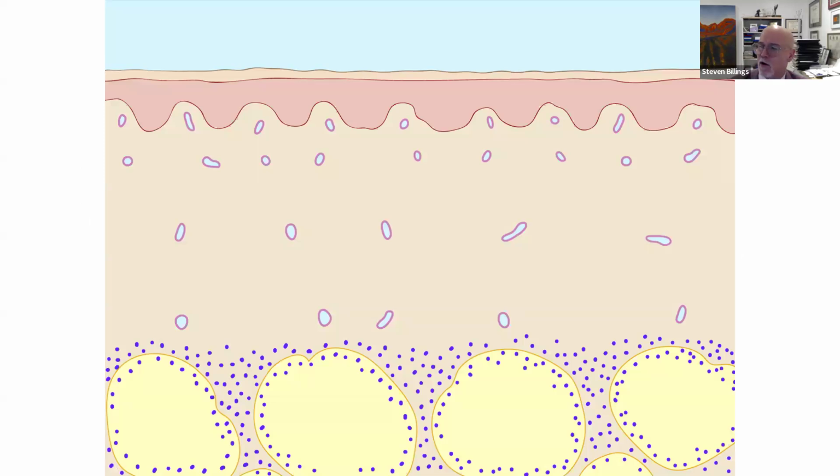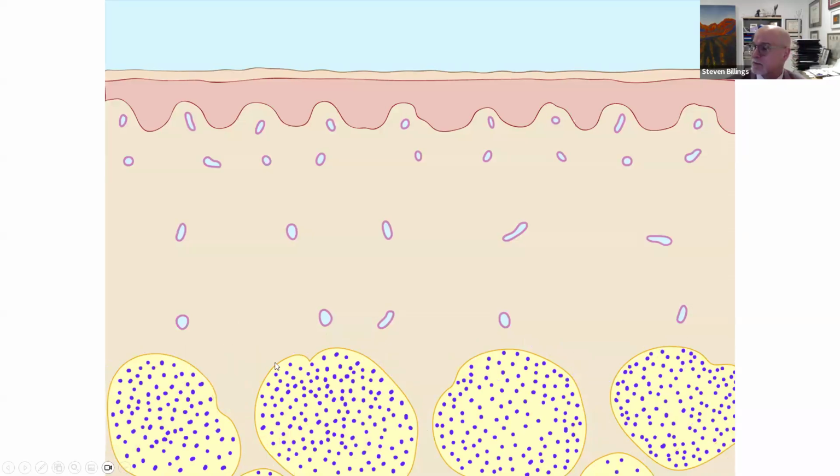So in cartoon form, for septal panniculitis, most of the inflammation is between the fat lobules, although you always see some inflammation at the periphery of the fat lobules as well. And in lobular panniculitis, most of the inflammation is within the fat lobule instead of in the septum.